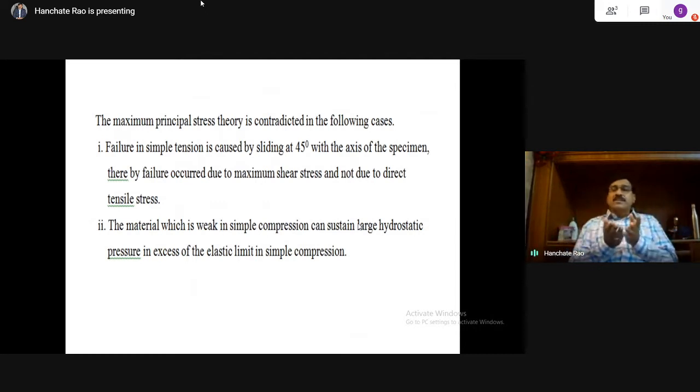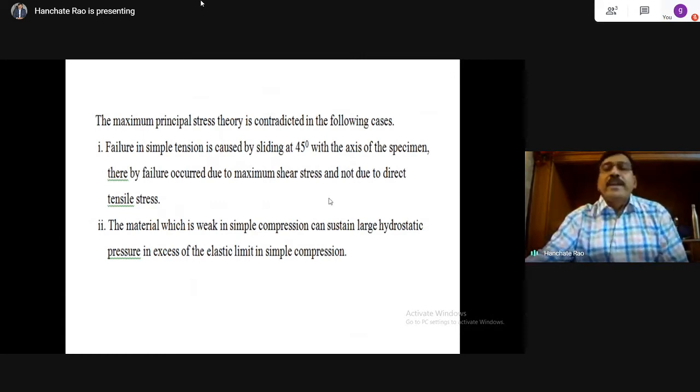In such a case, the principal stress theory is contradicted. Secondly, a material which is weak in simple compression can sustain a hydrostatic pressure larger than the elastic limit. In such cases, the principal stress theory is not valid and it is contradicted.